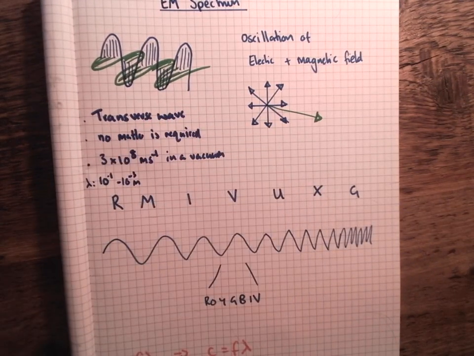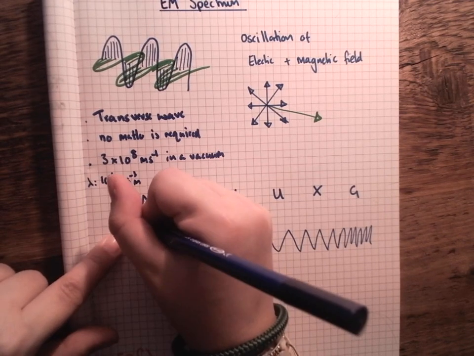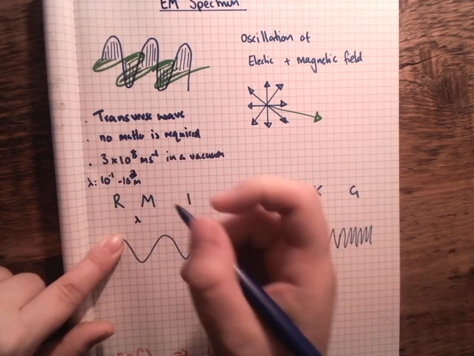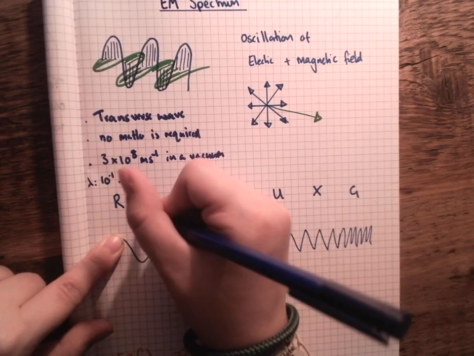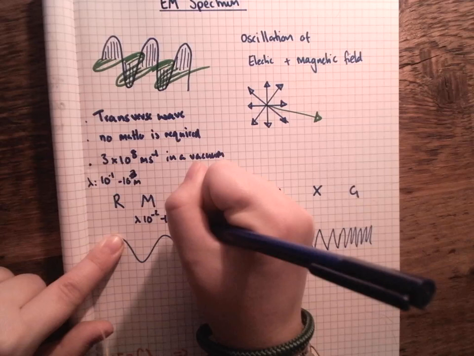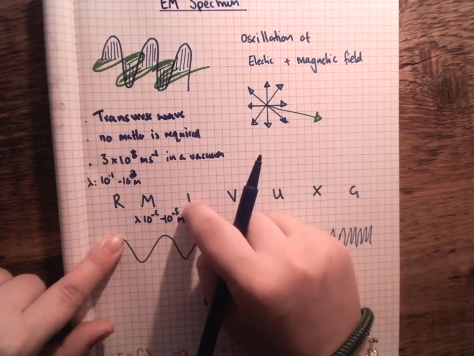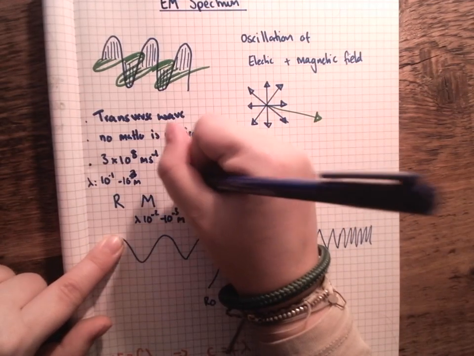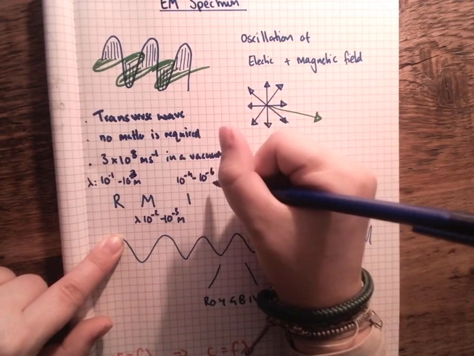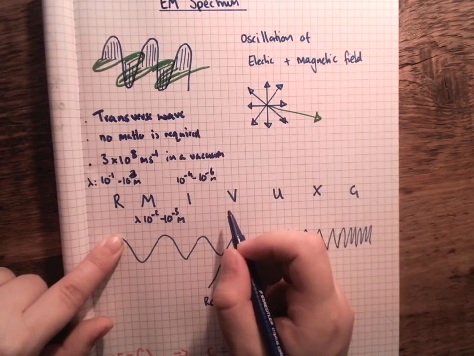For microwaves, it's around about the 10 to the 3, sorry. For microwaves, it's around about 10 to the minus 2 to 10 to the minus 3 meters. For infrared, it's about 10 to the minus 4 to 10 to the minus 6 meters. Visible light is very specific, okay?